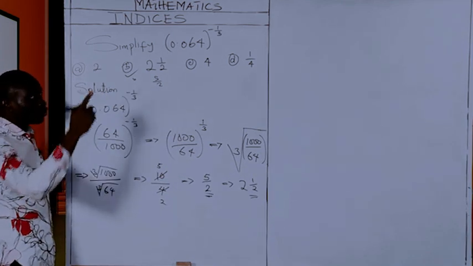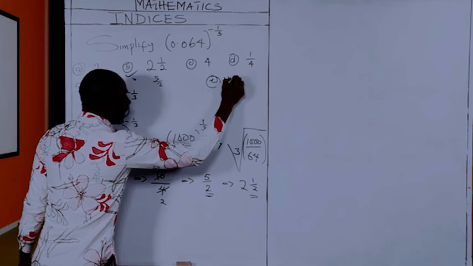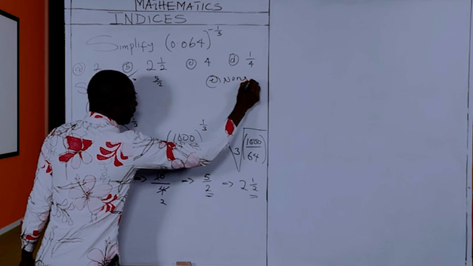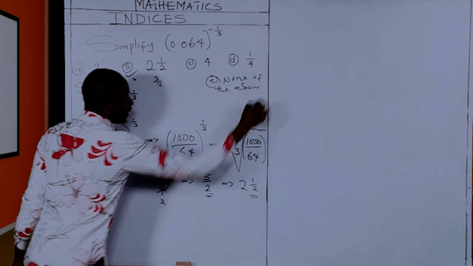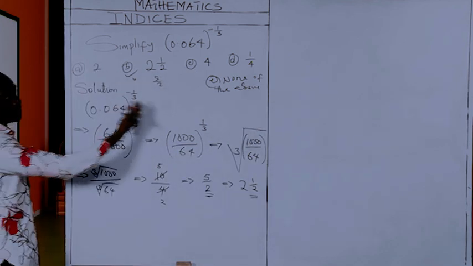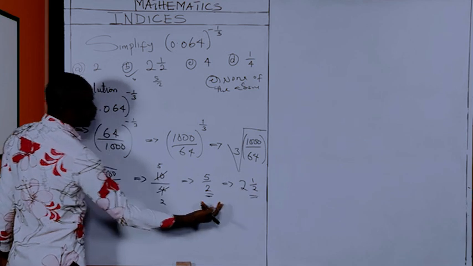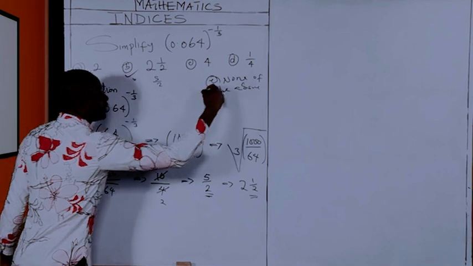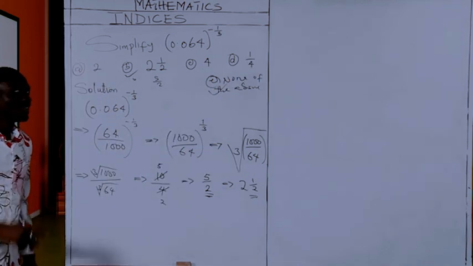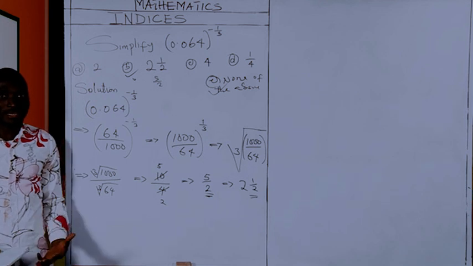And they might go further by saying option E is none of the above. Okay, so because you did not see 2 and 1 over 2 among the options, and option E says none of the above, you just wrongly select option E to be your right answer.